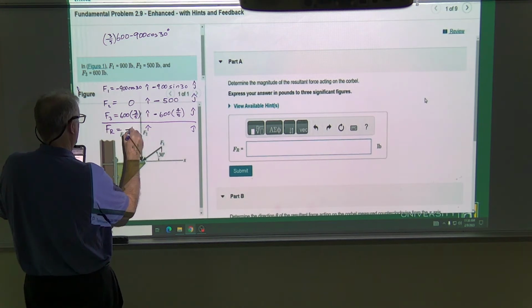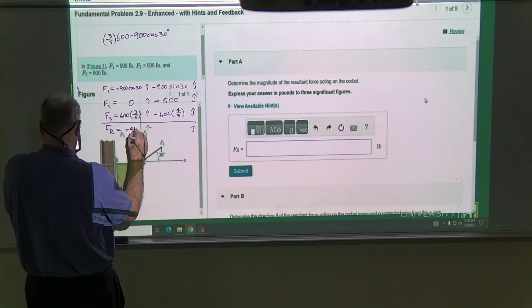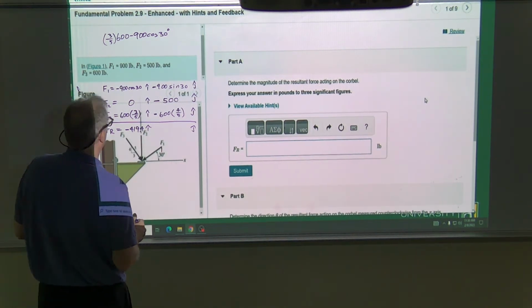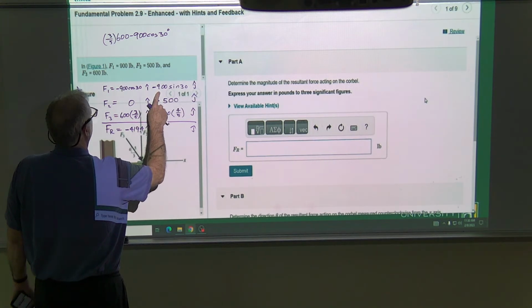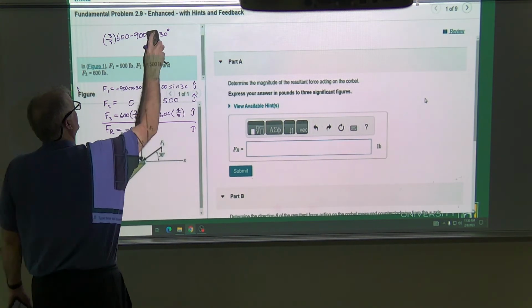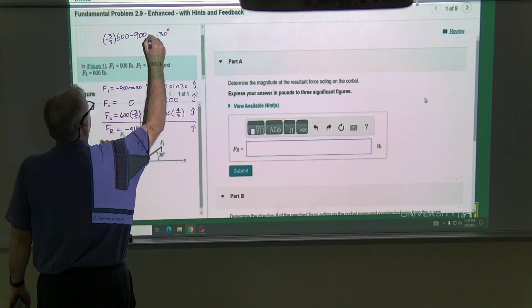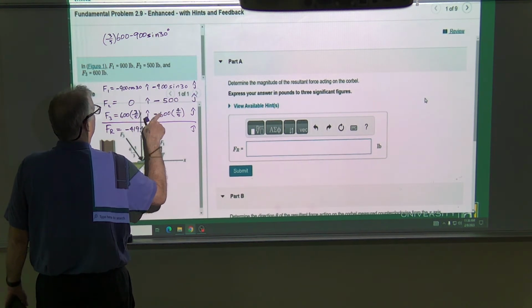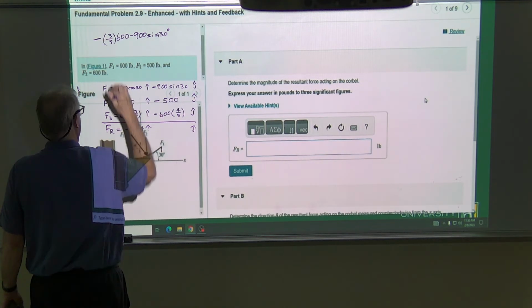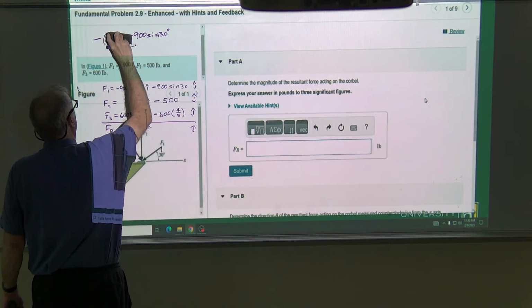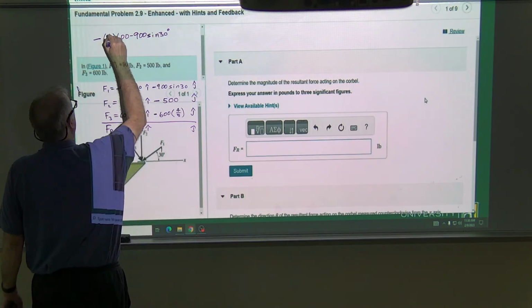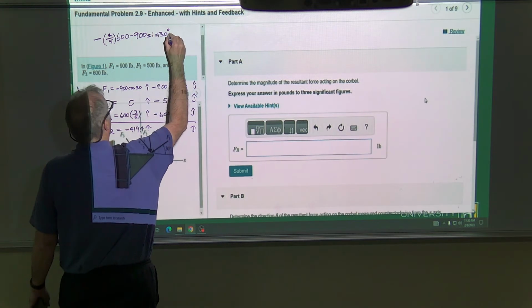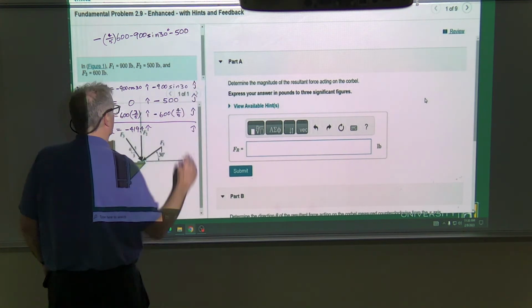So, okay, this time at 900, and I'll take that off, and I'll put a sine, and then I got that, and this will be 4/5, and then I got that.